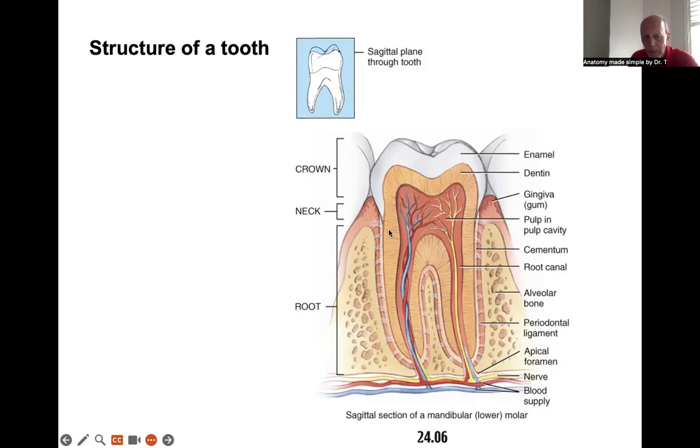And if we follow the dentine, of course, we're now getting into the part of the tooth which is called the root. Some teeth have more than one root, sometimes two, occasionally even three. The roots of the teeth are inserted into little sockets called alveoli of either the maxilla or mandible, so they're quite a good matching fit.